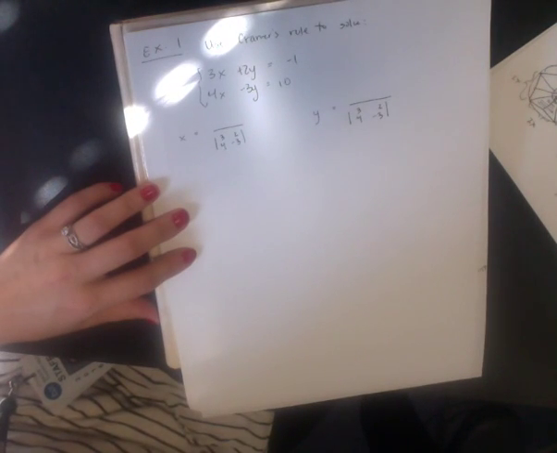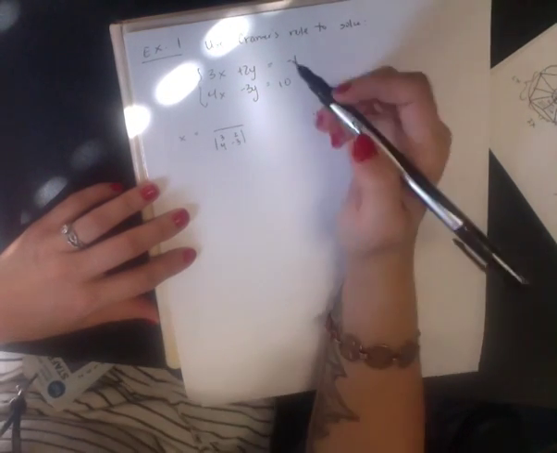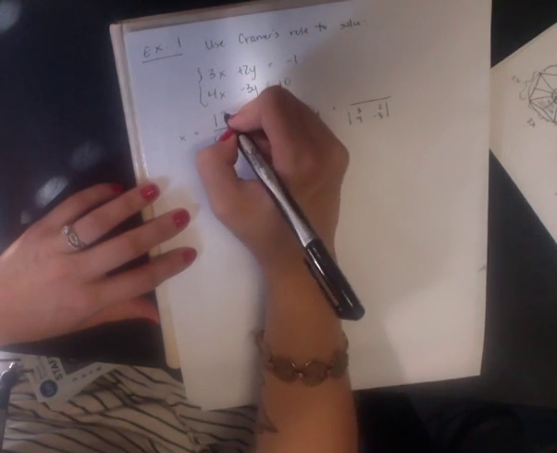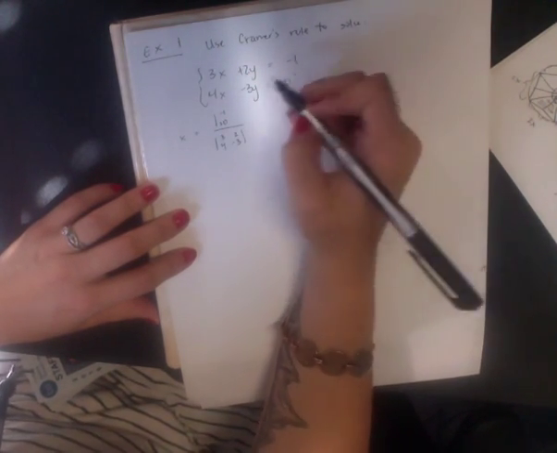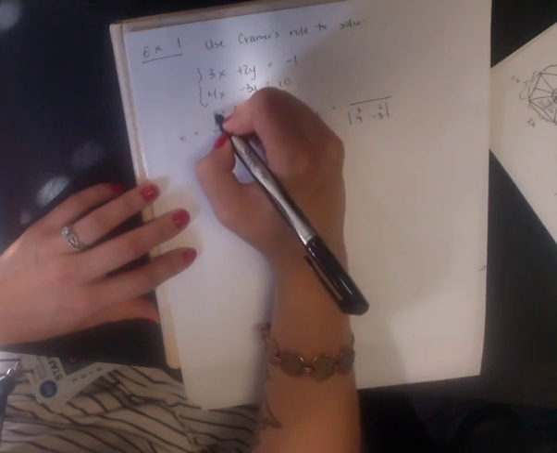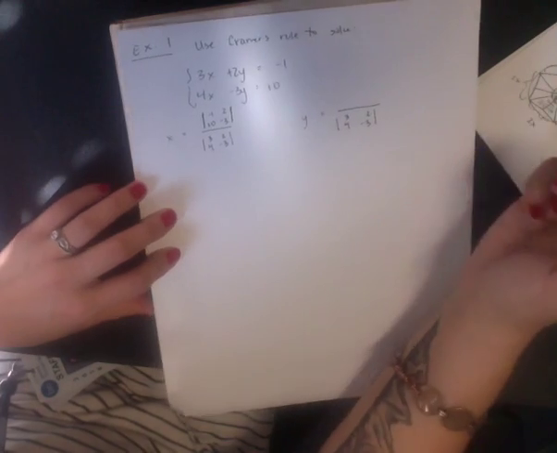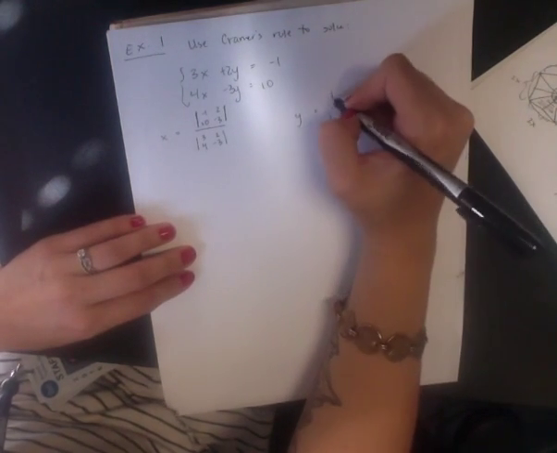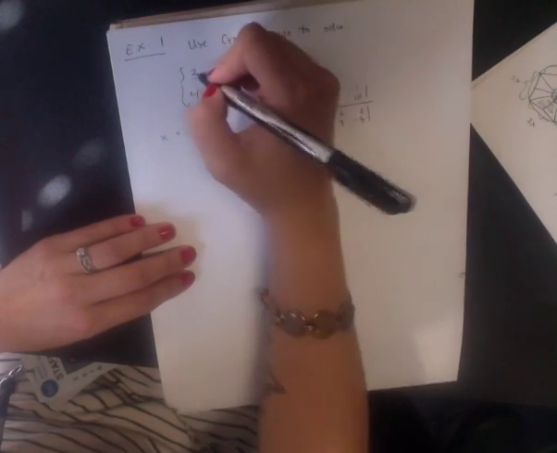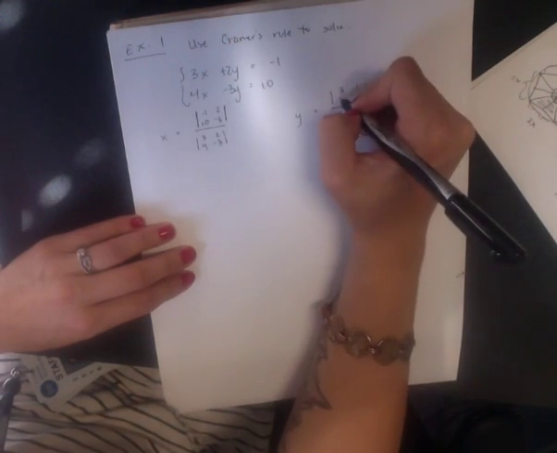Now, for the top, remember for x, we start with the answers, and then we use the y coefficients. For y, we end with the answers, and we start with the x coefficients.